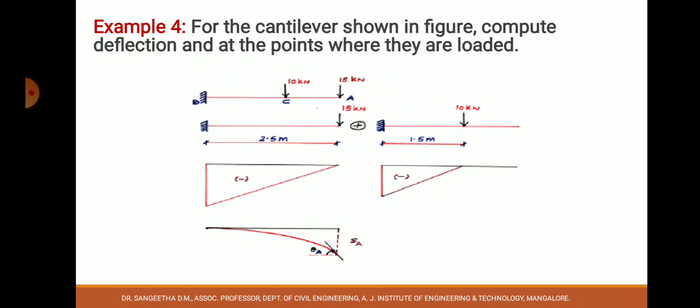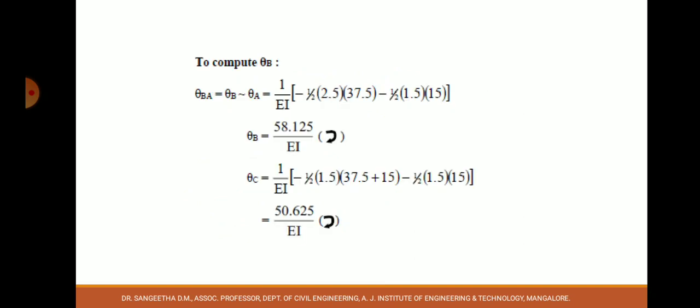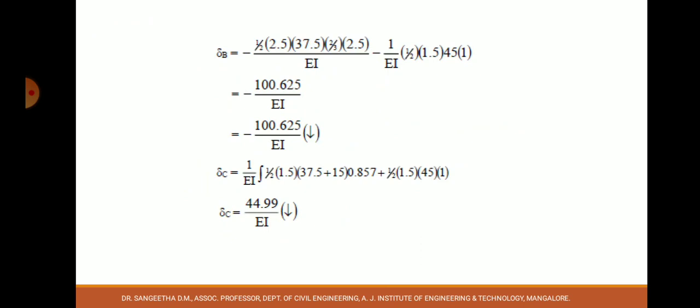And what is its CG distance? CG distance is 1/3 from the base or 2/3 from the apex. So 2/3 from the apex I am taking. Similarly for the next one, again 1 by EI, half into 1.5 into 45, 1/3 from the apex. So that gives the deflection at B.